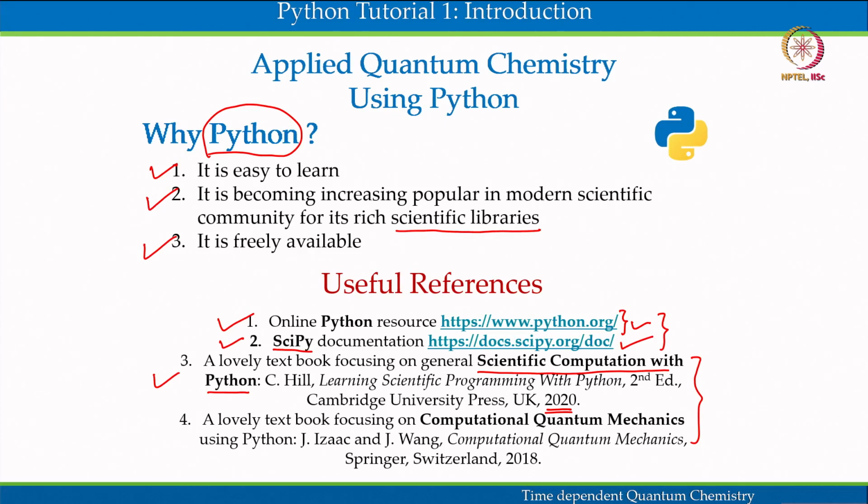On the other hand, the second textbook, Computational Quantum Mechanics using Python, has entirely focused on the solutions or problems associated with quantum mechanics using Python. So I would encourage enthusiastic students to go through these two textbooks.